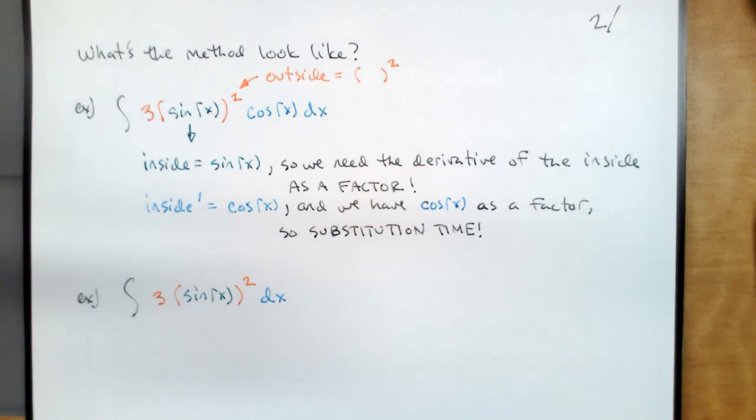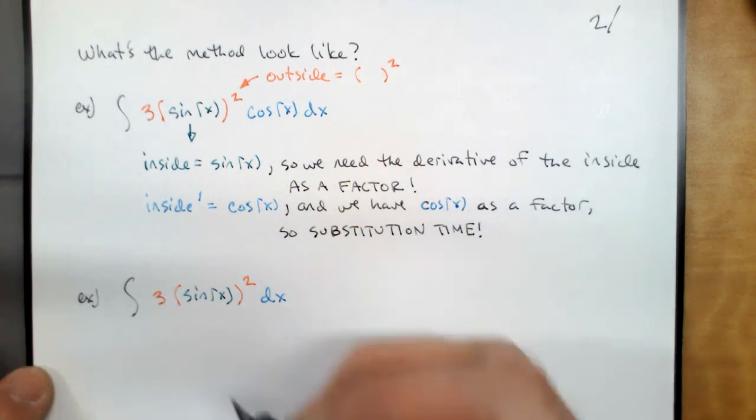If we just have, say, 3 sine of x squared, no substitution. I would want to say that the inside is sine x. That's our only candidate.